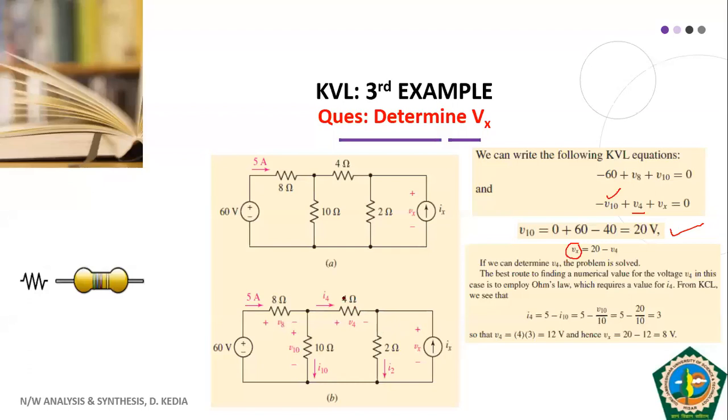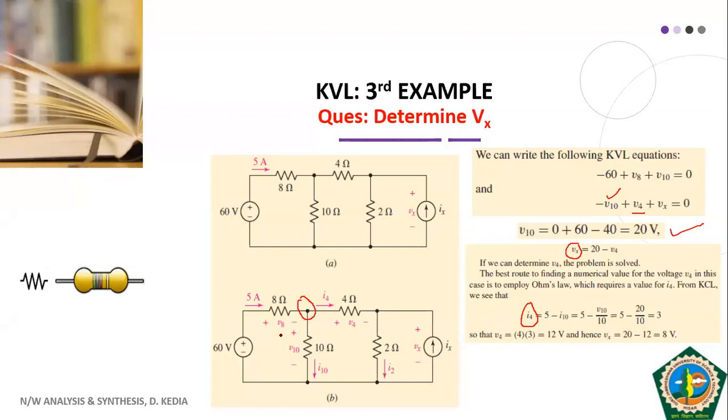In order to obtain V4, we must know that V4 is equal to 4 into I4. So we need to calculate I4 first. And how can we calculate I4? We'll apply KVL here. Sorry, not KVL, KCL here.